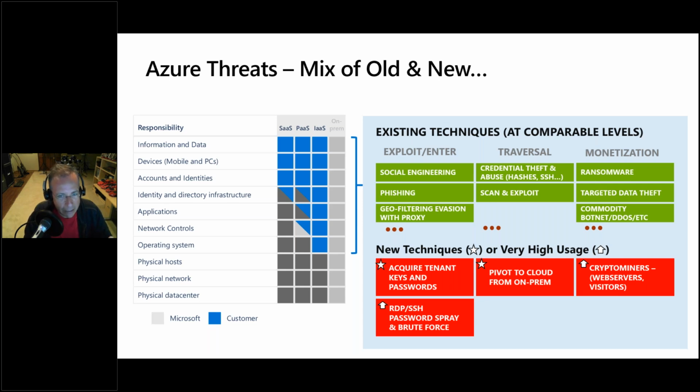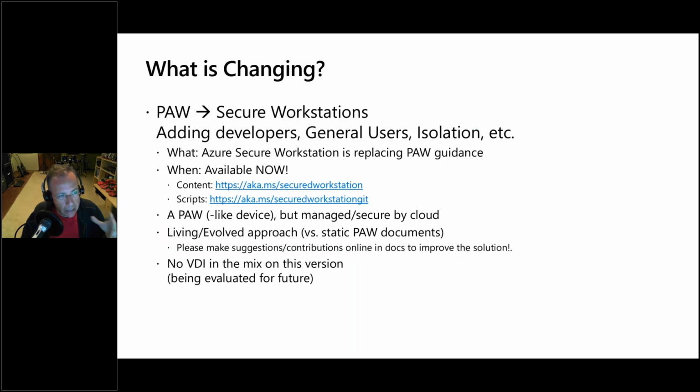So we start to see a difference in what happens when we get into those dev workstations. So we've been evolving to say, let's take the PAW guidance, which is the guidance that we published a while back that says, here's how to develop a hardened workstation designed for administering devices, and evolve that to leverage these new cloud-based constructs.